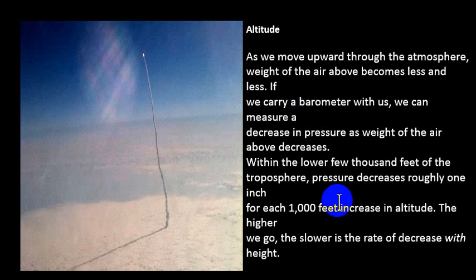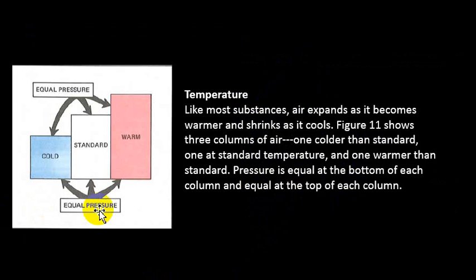I want a 12-year-old at least to understand. As we move upward through the atmosphere, the weight of the air becomes less and less. If we carry a barometer with us, we can measure a decrease in pressure, as I just talked about. You can read this on your own.